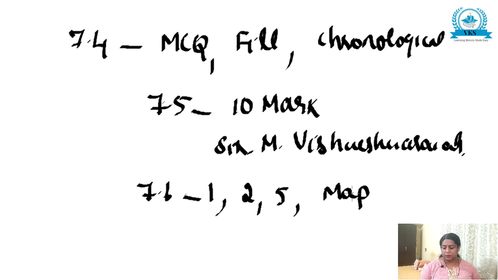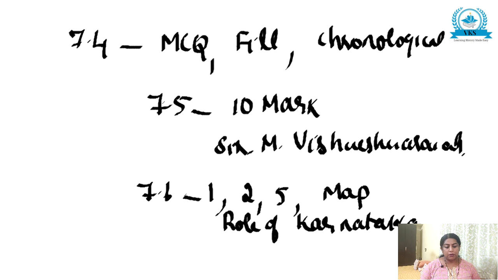1 mark question: who signed the Poona Pact, who is called Karnataka Kesari, why was Bengal partitioned. 2 mark questions can come regarding 2 moderate leaders, 2 extremist leaders. Then regarding 5 mark questions, the role of Karnataka in the Indian national movement can come as a 5 mark question.